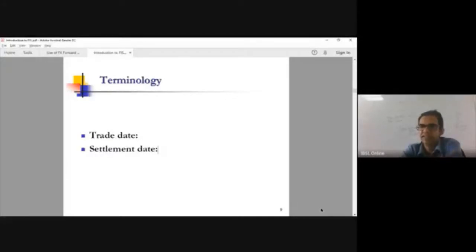And the settlement date is the date on which you exchange the cash flow and the ownership of the product or the security. So it may not happen on the same date, very rarely. Generally, there are at least 1 day or 2 day time difference depending on the market.